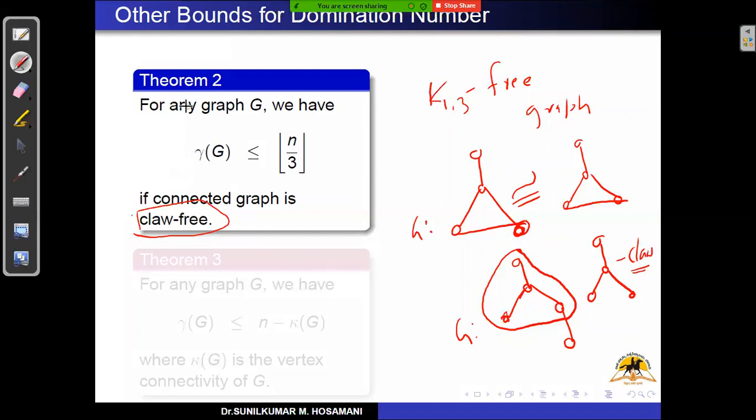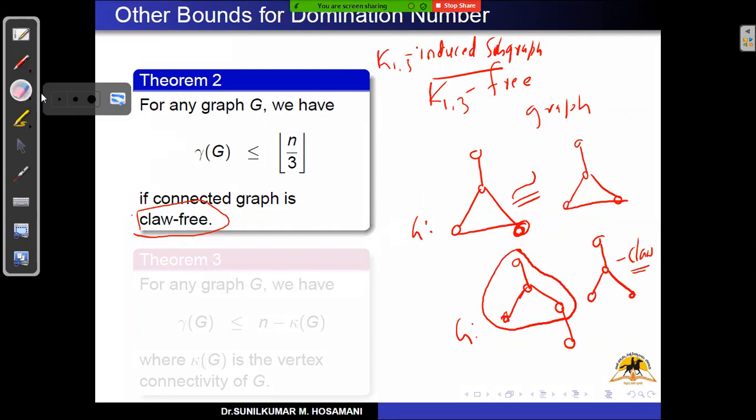So this term says if G is a connected claw free graph, G should not contain K13 as an induced subgraph. If the given connected graph is free from K13, then for such graphs domination number is less than or equal to n by 3. Okay, so here we have used floor function.